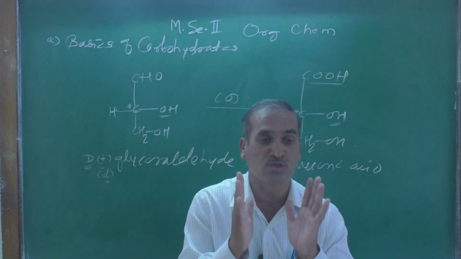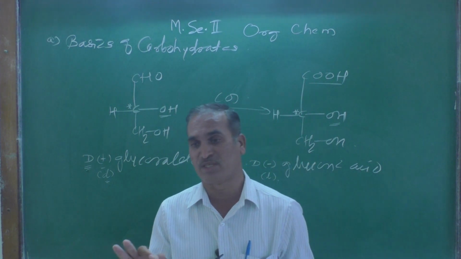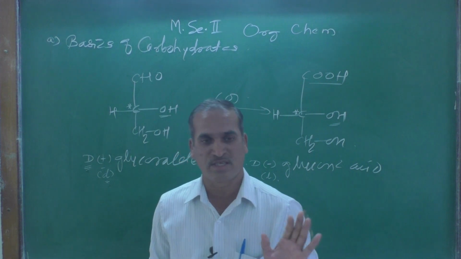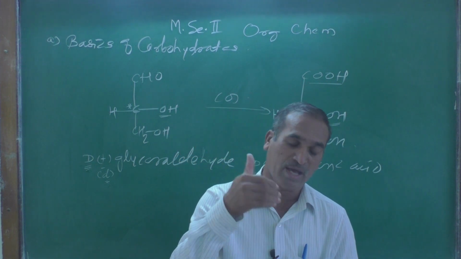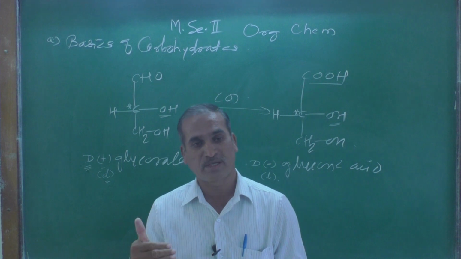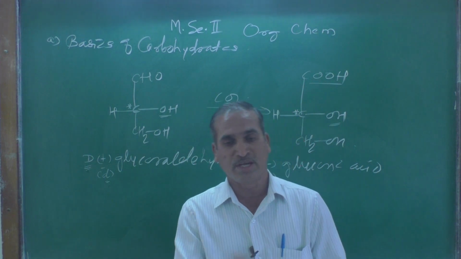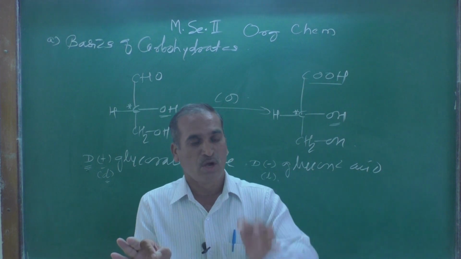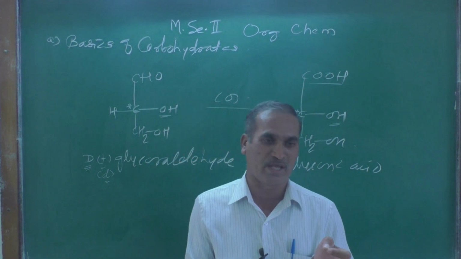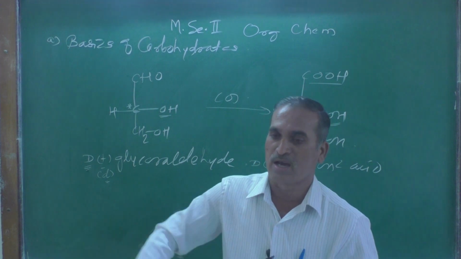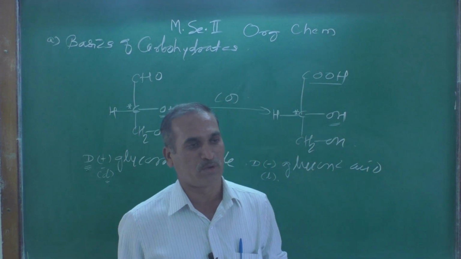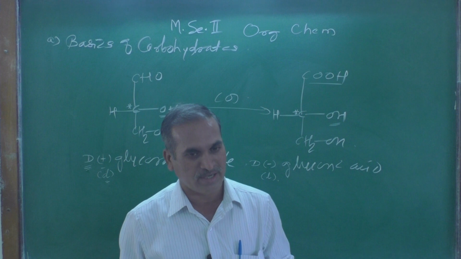They are non-superimposable mirror images of each other, known as enantiomers, and their physical and chemical properties are the same, only they differ in their rotation. One rotates the plane of polarization to the right hand side, and another rotates the plane of polarization to the left hand side.